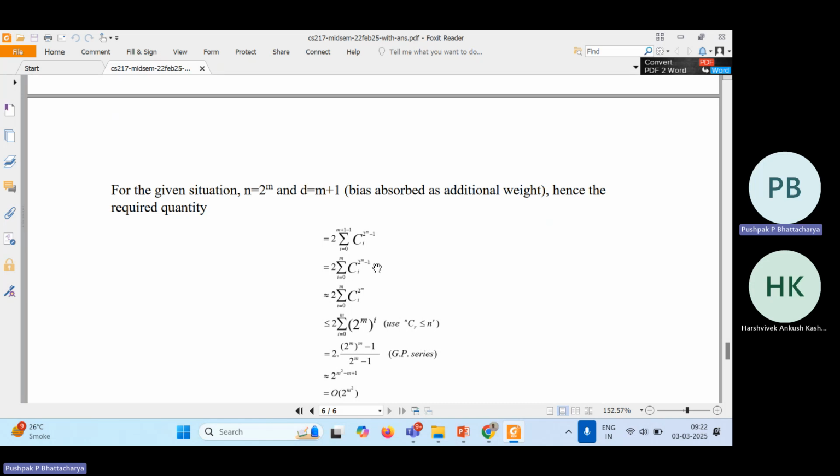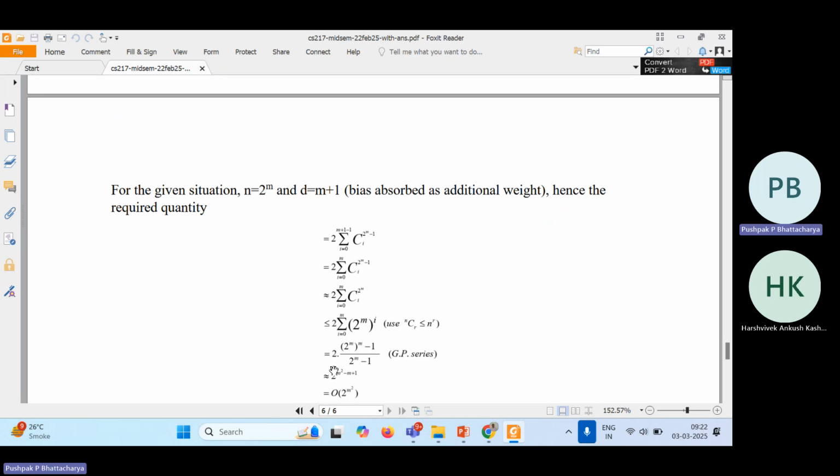And 2 to the power m minus 1 can be written as 2 to the power m, since 2 to the power m is large compared to 1. Now this is less than or equal to 2 to the power m to the power i. We are making use of the inequality n choose r is less than or equal to n to the power r.